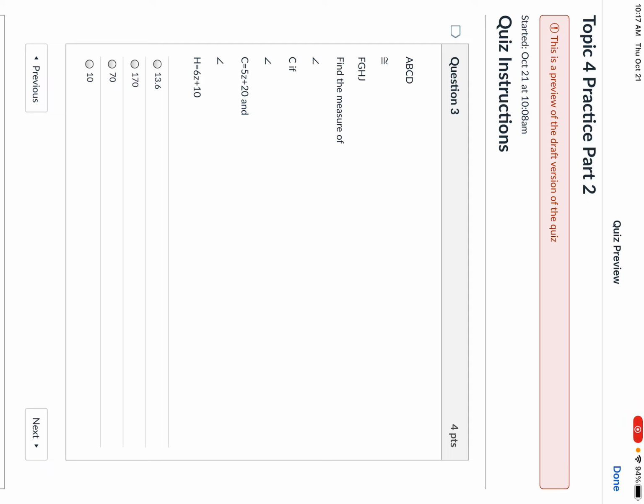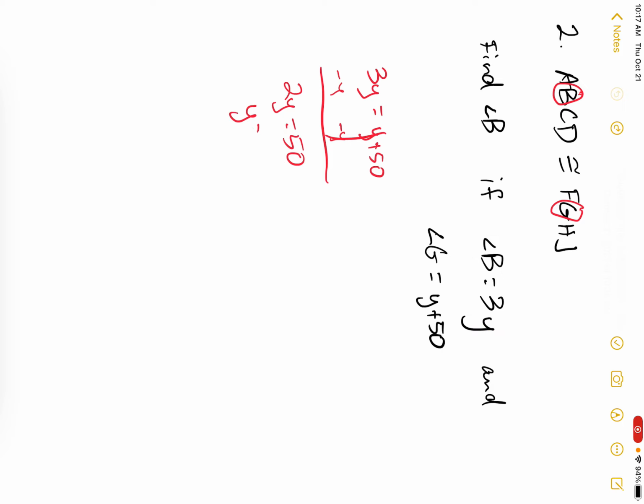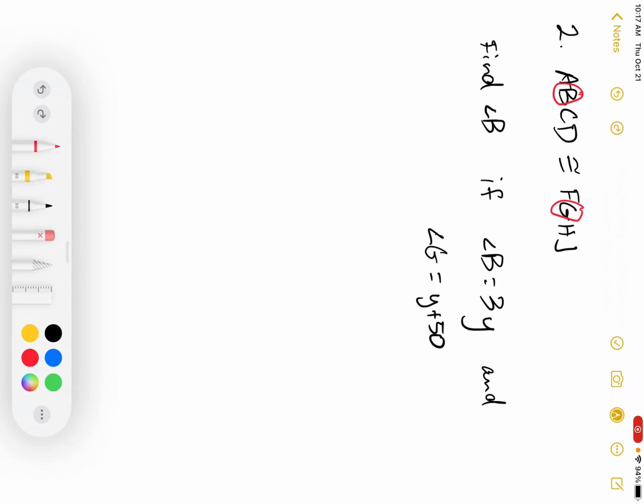All right, this one is a very, very similar question. This time it's asking about angle C and angle H. So we look again at our ABCD and FGHJ, and we see that C and H are again corresponding items.